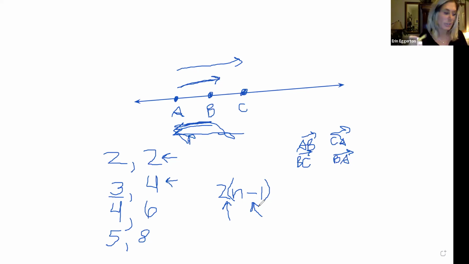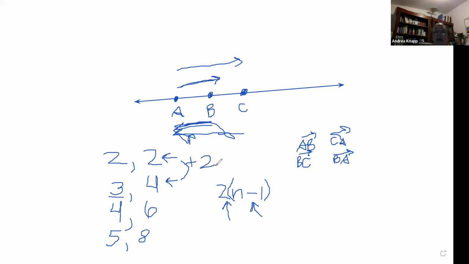Okay, and when you said earlier that if it's constant, it's a straight line, that's because it's going up 2, 4, 6, 8, so we have a constant change. That tells me the n is going to be to the first power. And since it's going up 2 every time, we're going to have a coefficient of 2 on the n.